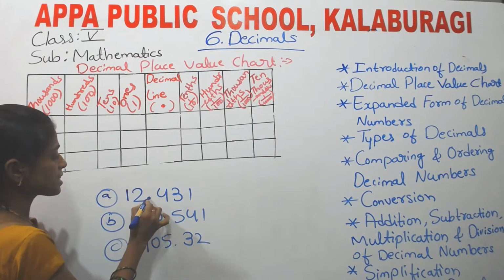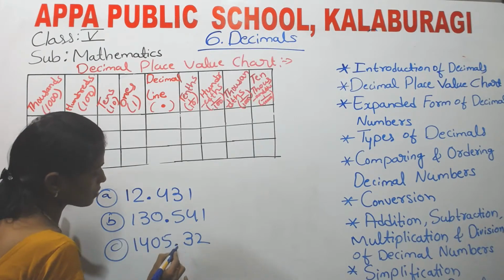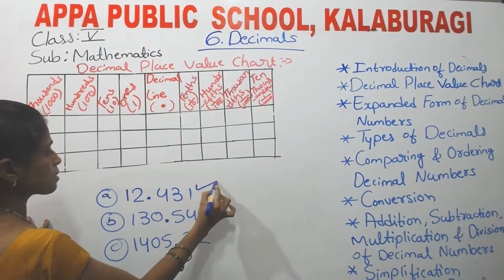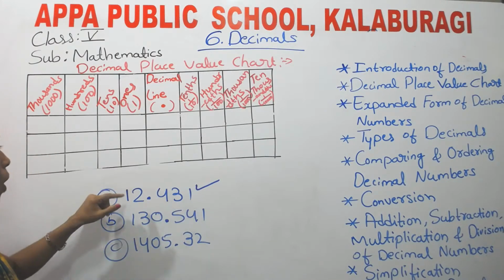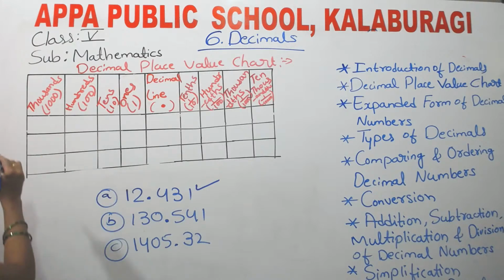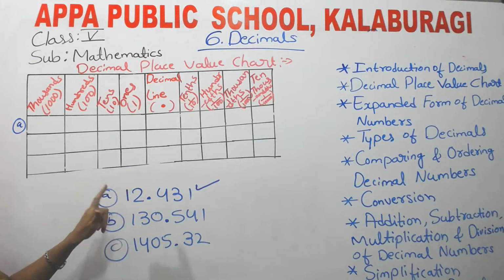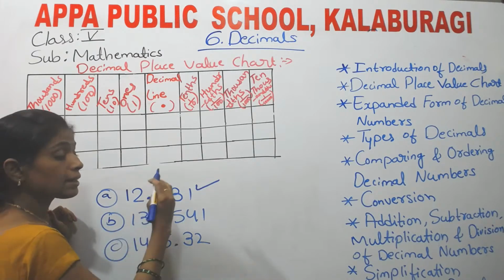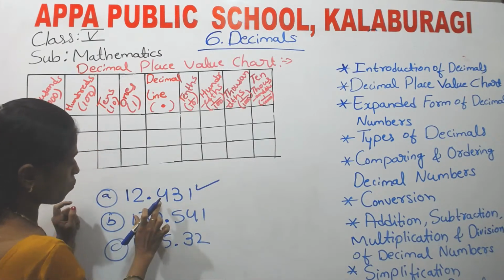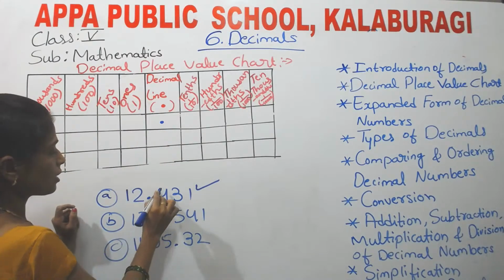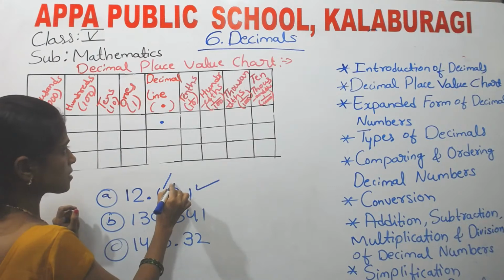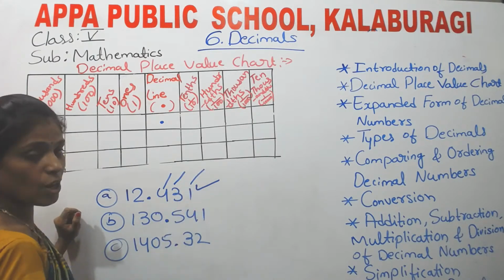How? Here is the decimal point, here also. First one, see children, 12.431. How to write it in the decimal place value chart? This is A1. Now after the decimal point, on the right side, three numbers are there: 1, 2, 3. Now here is the decimal point. After this one, this is tens place, this is hundreds place, and this is thousands place.